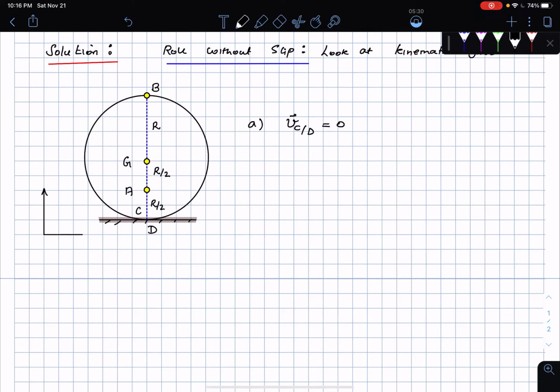So this is the I direction, this is the J direction, and this is the K direction, and I can set up a tangential coordinate frame here. This is the tangential direction, which is at that point in time coincident with the I direction, and here is the normal direction, coincident with J at that instant.